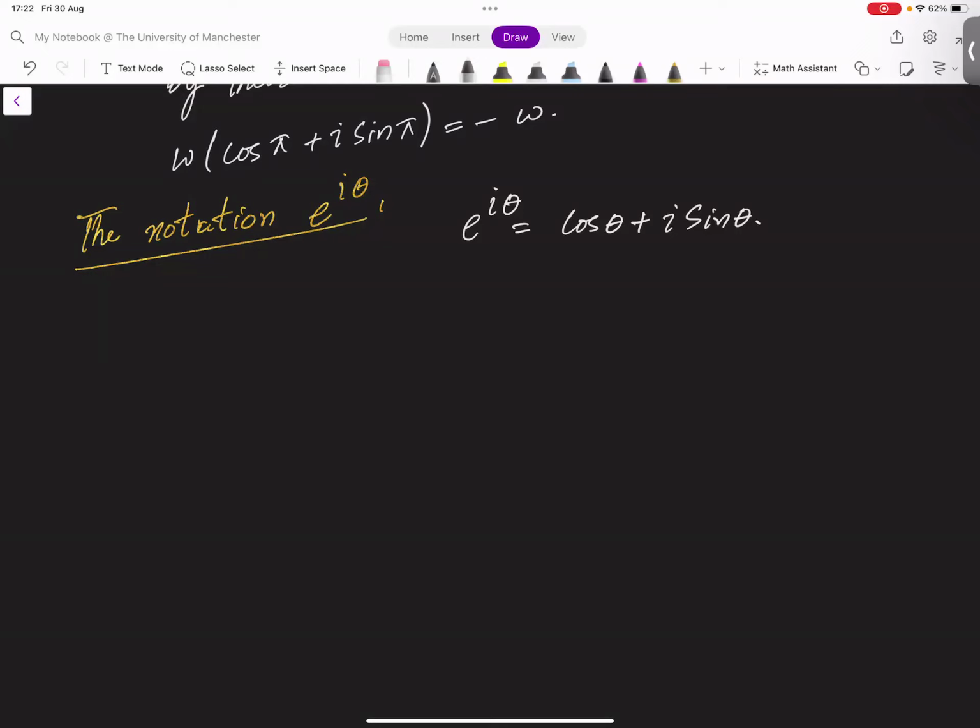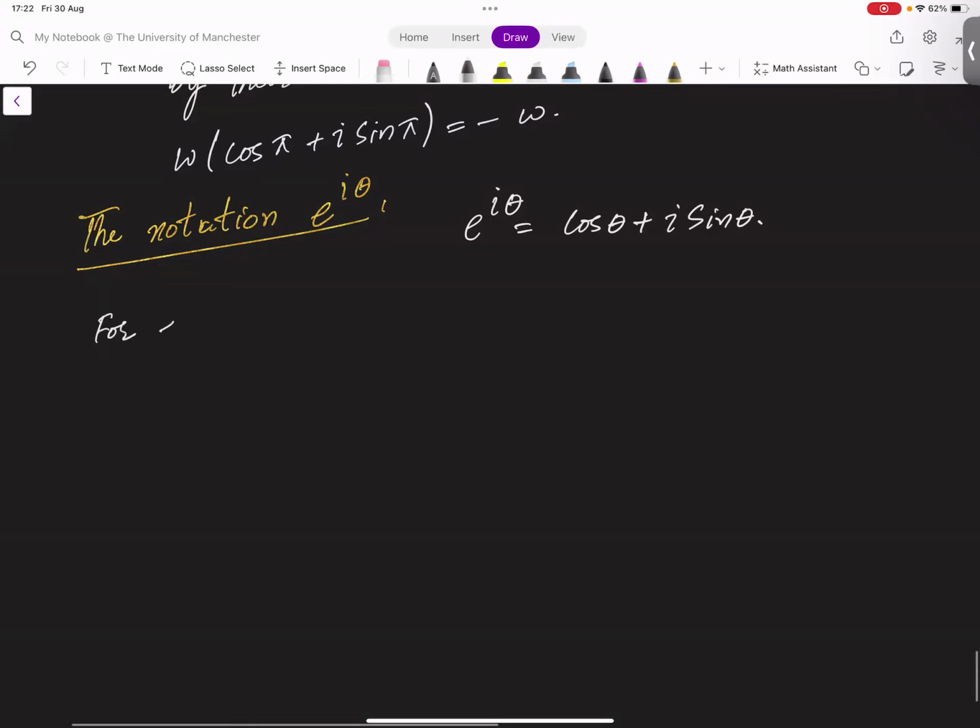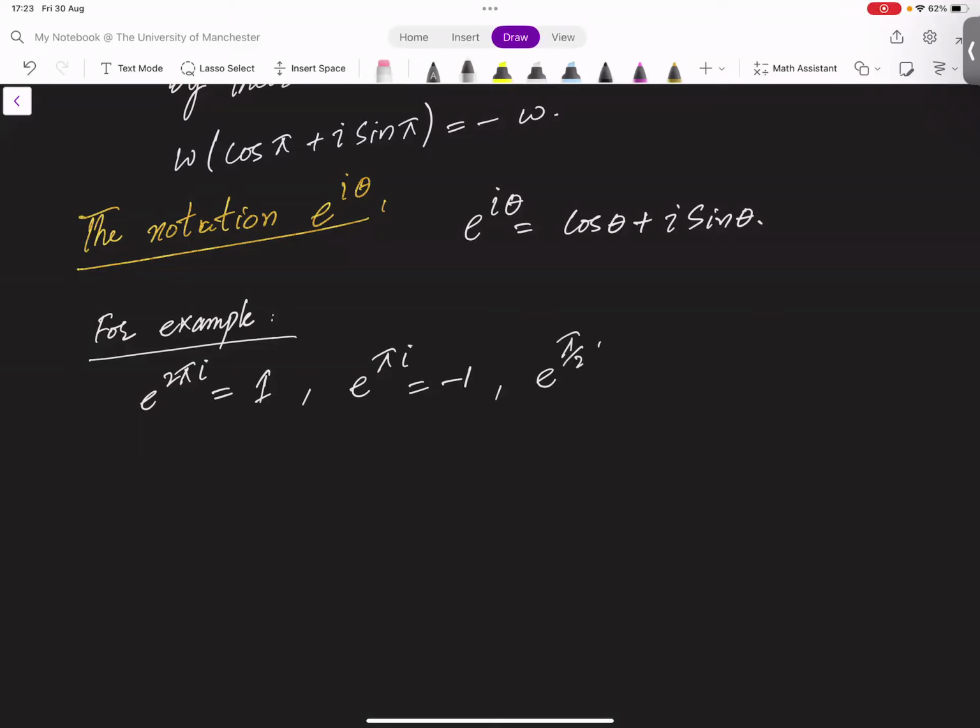For example, we can write e^{2πi} is 1, e^{πi} is -1, e^{πi/2} is i, and e^{πi/4} is 1/√2 (1 + i).